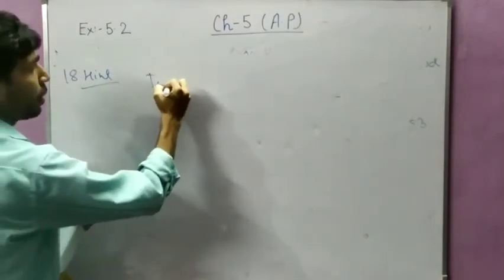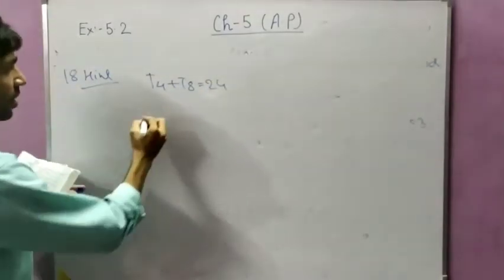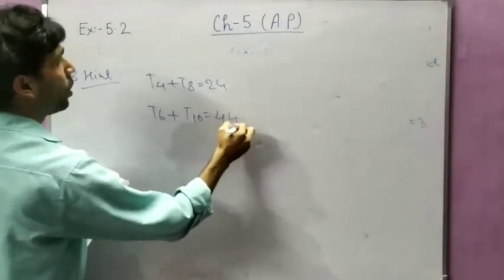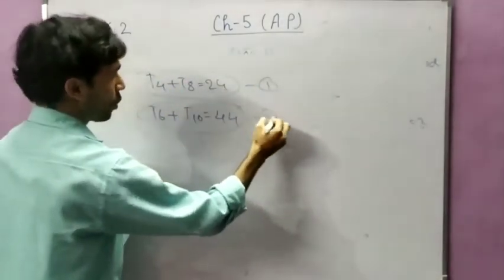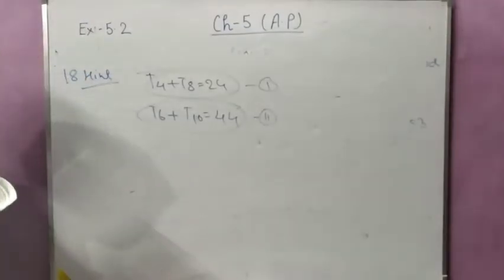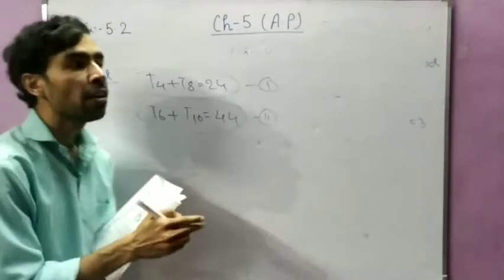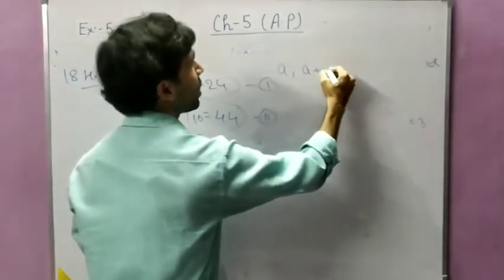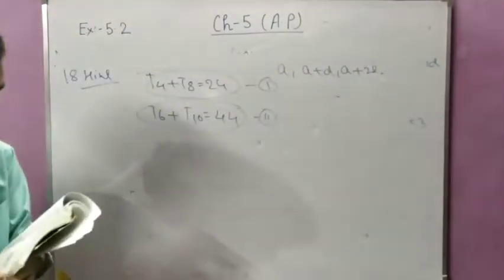It means T4 plus T8 is 24, and T6 and T10 is equal to 44. So from here you will get one equation, from here you will get a second equation. When you solve them, you will get the values of a and d. So you have to write the first three terms. So the first three terms are a, a plus d, and a plus 2d. So you can easily calculate.